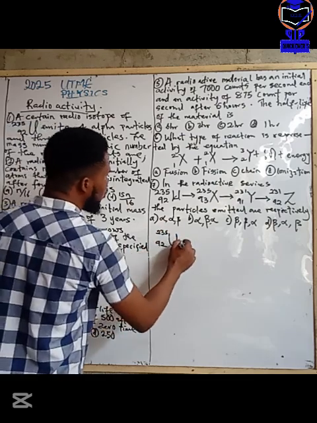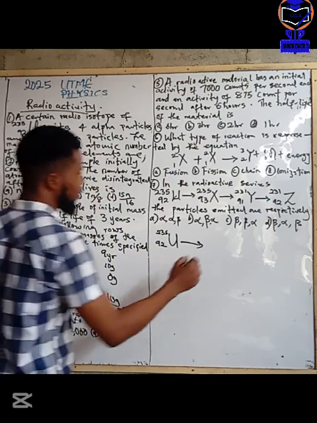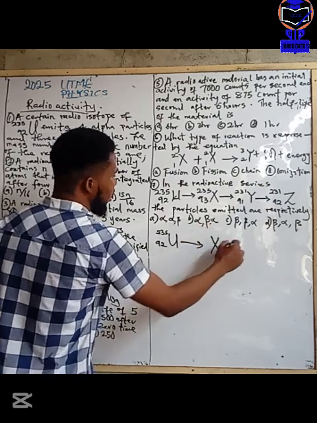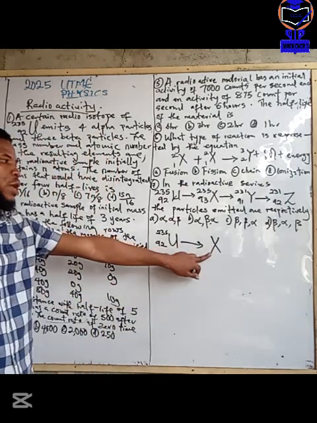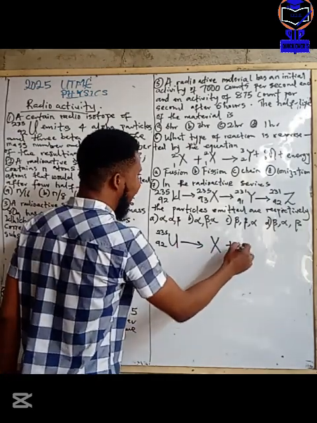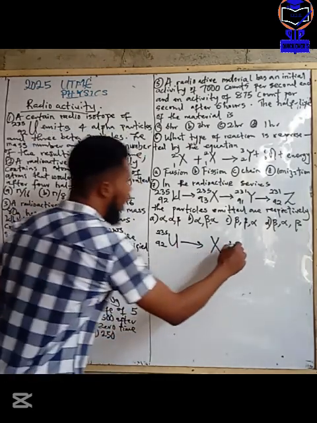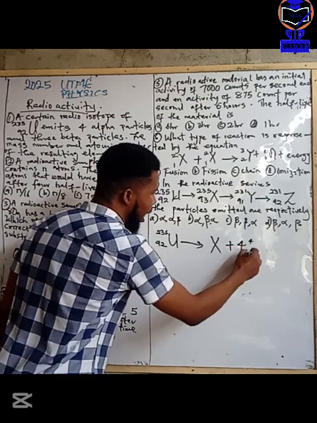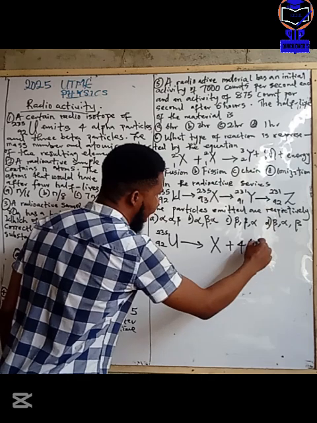Now, uranium goes on to emit 4 alpha particles. So let's say this is our element. Let's write out all the emissions. 4 of alpha. Alpha is atomic mass 4, atomic number 2, right?